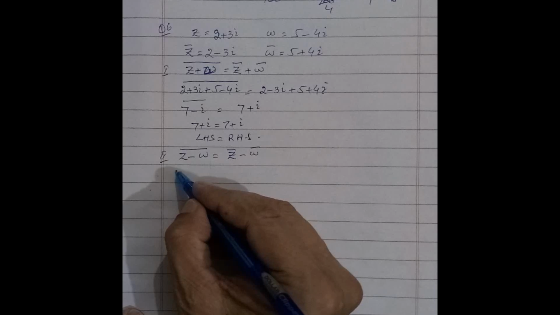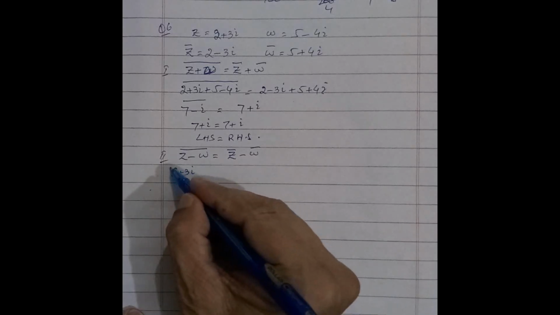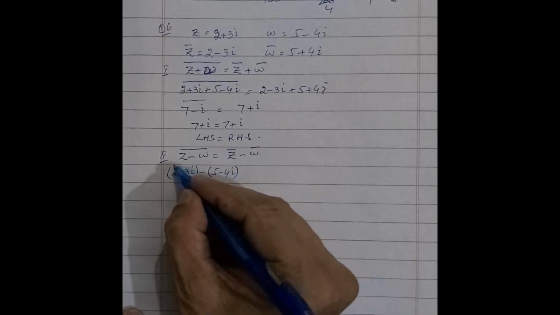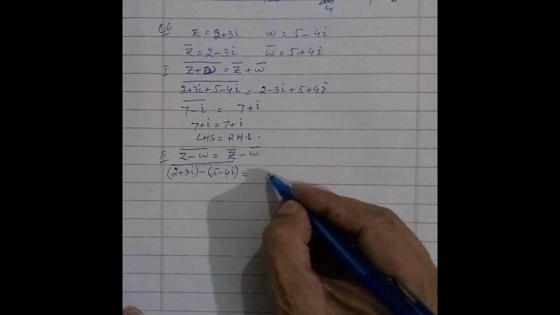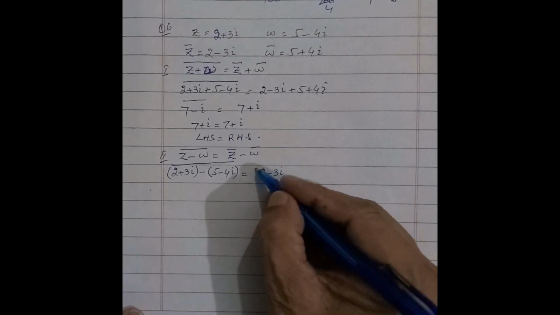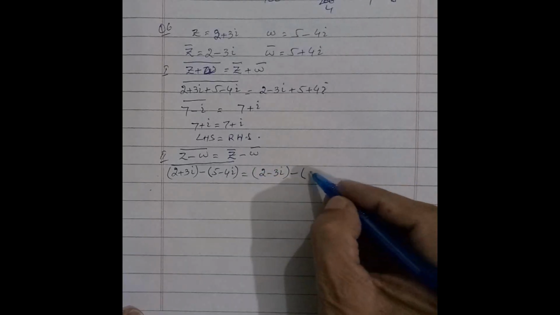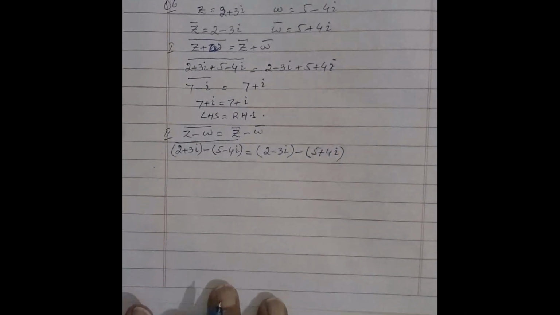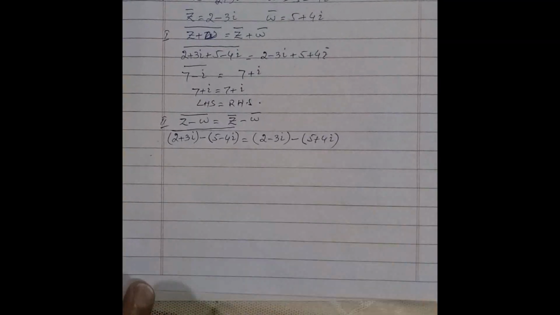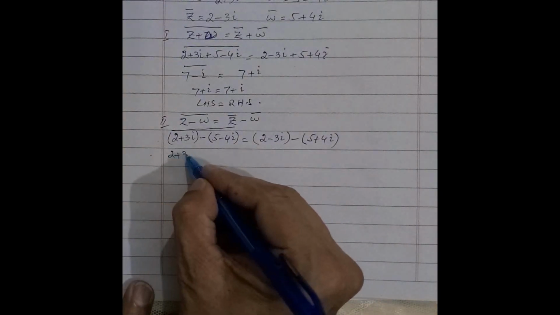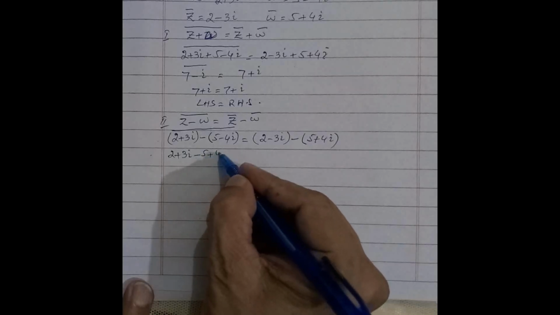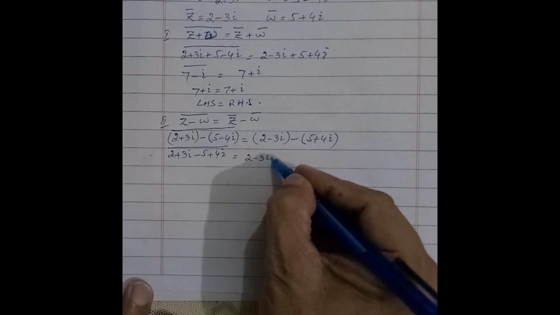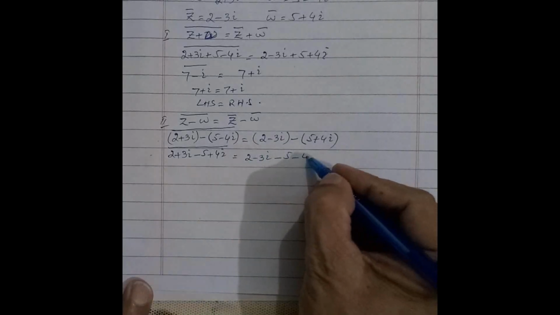The values are 2 plus 3 iota minus 5 minus 4 iota whole bar is equal to Z bar, which is 2 minus 3 iota, minus W bar, which is 5 minus 4 iota. Sorry, 5 plus 4 iota. Now we simplify these values. We get 2 plus 3 iota minus 5 plus 4 iota whole bar is equal to 2 minus 3 iota minus 5 minus 4 iota.